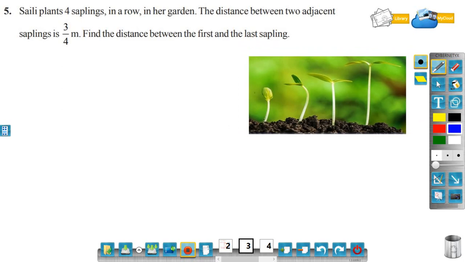The distance between two adjacent saplings is 3 by 4 meter, and the distance between each adjacent saplings is 3 by 4 meter. Now you have to find the distance between the first and the last sapling.